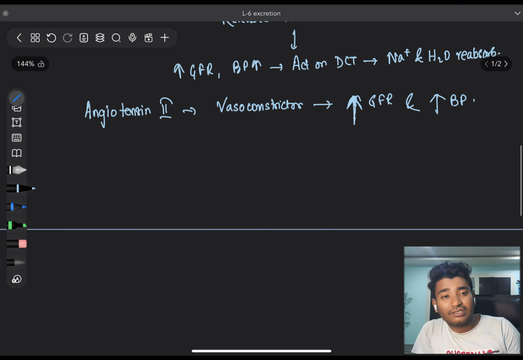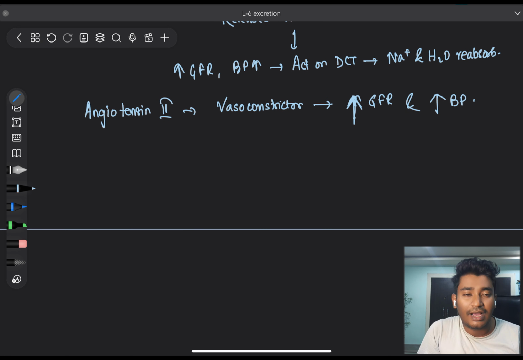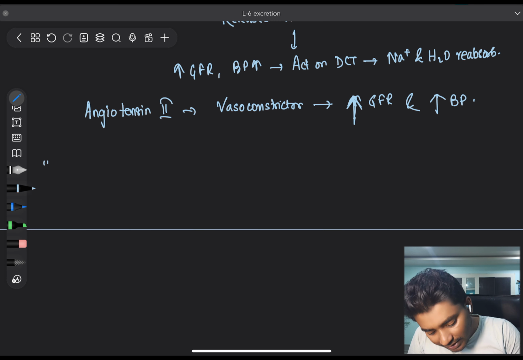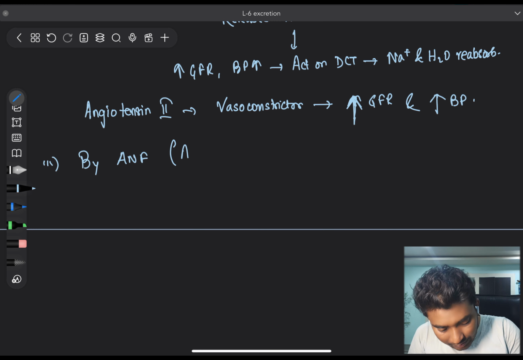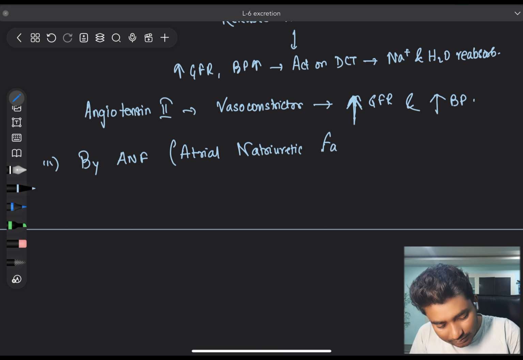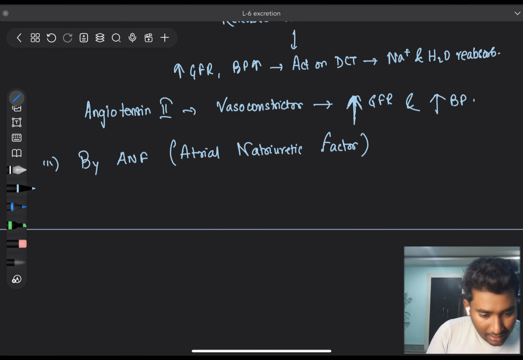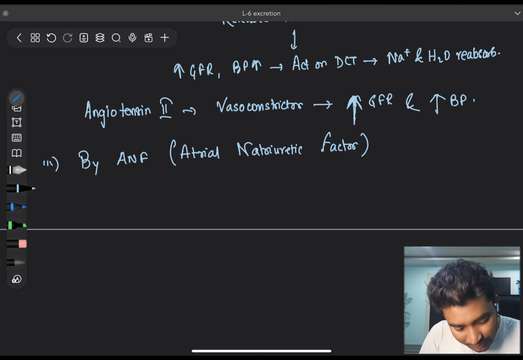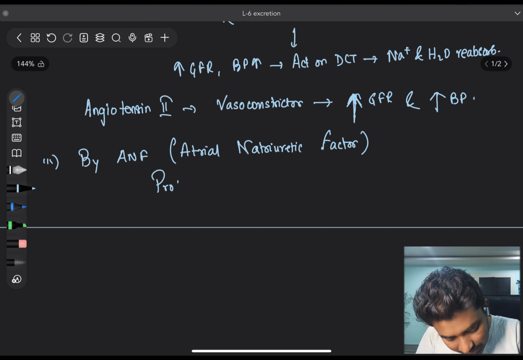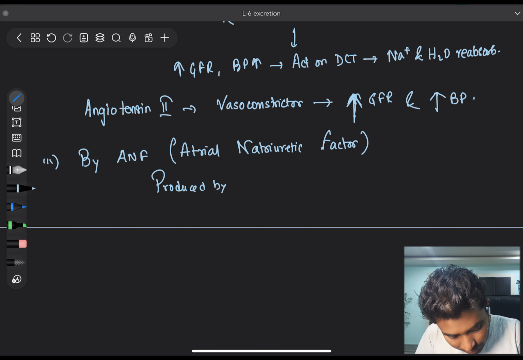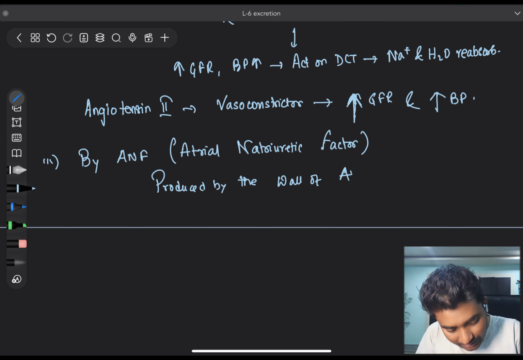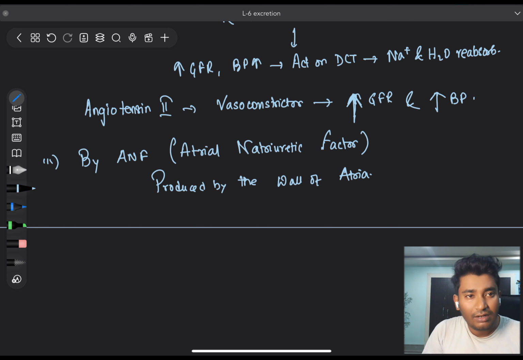Now, the atrial natriuretic factor is a hormone secreted by the heart. ANF full form is atrial natriuretic factor. It is produced by the wall of the atria.